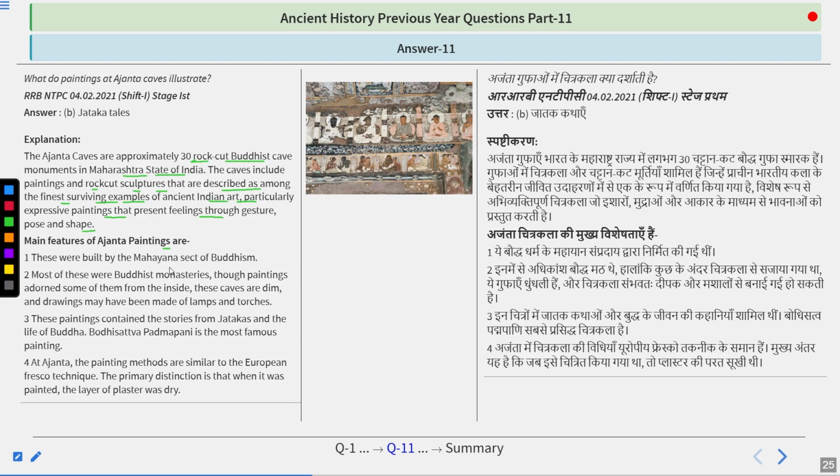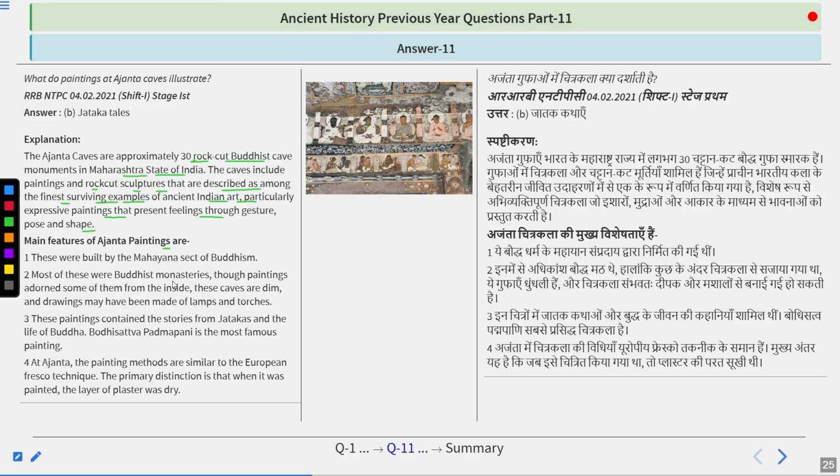Basically, Buddhism is divided into two sects, Hinayan and Mahayan. Mahayan is the larger vehicle, and they are the people who believe in idol worshipping.